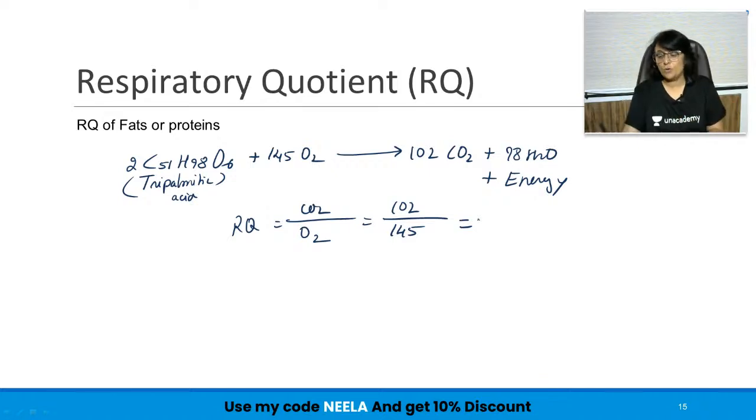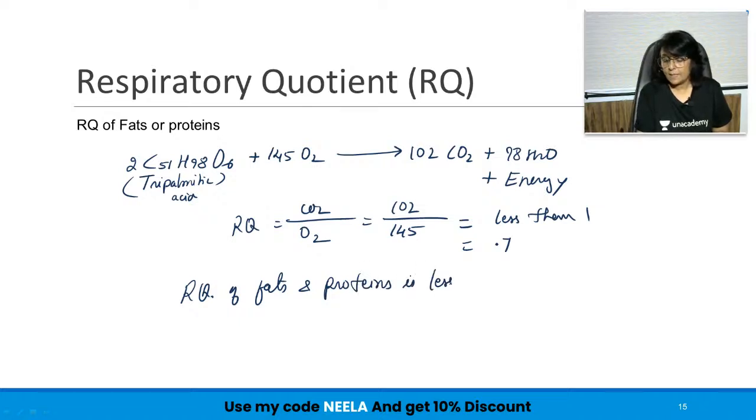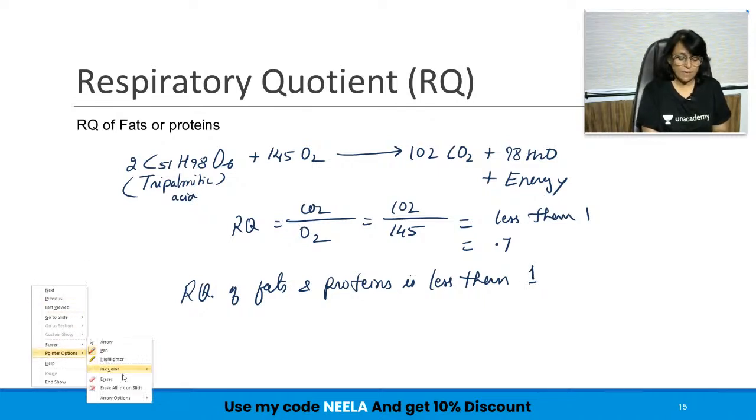Okay, so it is going to be less than 1. Here it is going to come very close to 0.7. Okay, so now our statement, RQ of fats and proteins is less than 1.